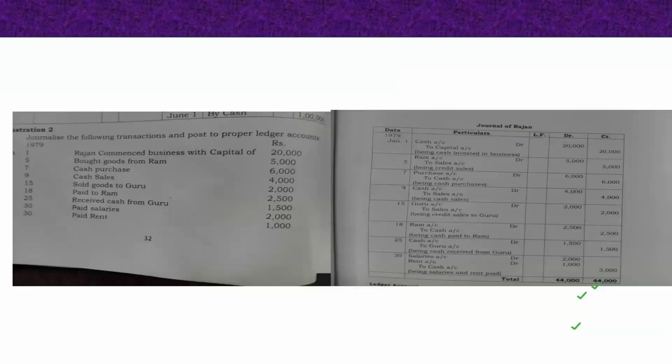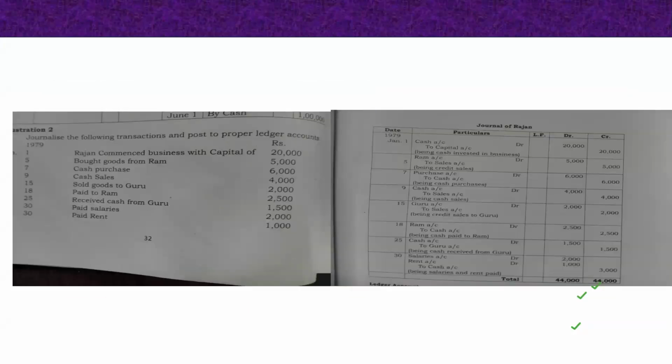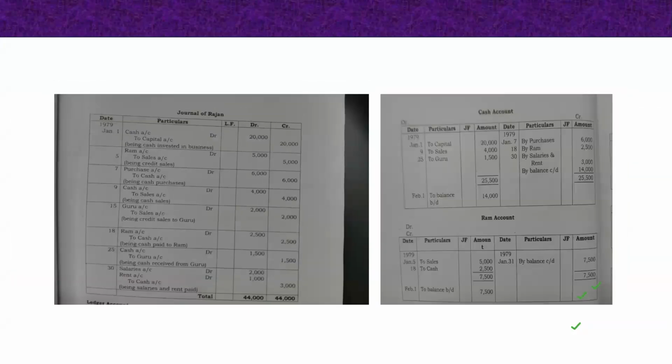So since we have now worked out one long illustration, not too big, but an elaborate illustration of how to make a journal entry, and from the journal entry, how to make the ledger posting, if you have any doubt in this illustration, you can ask me now.